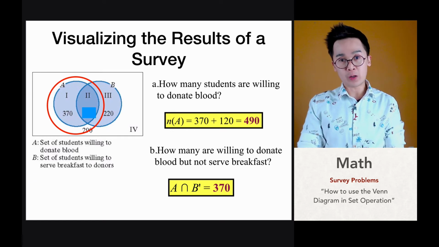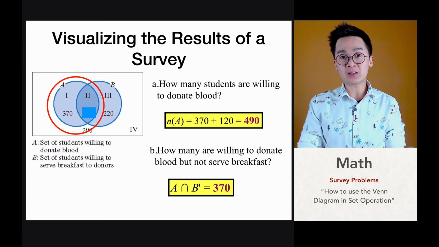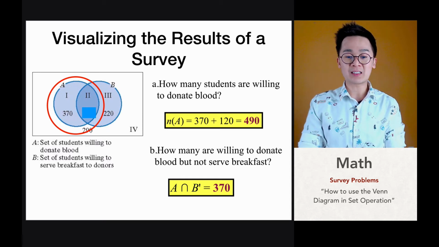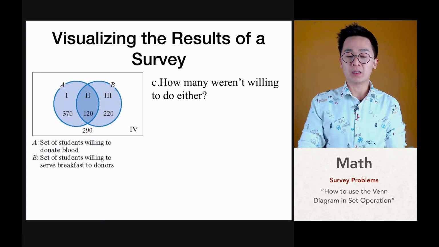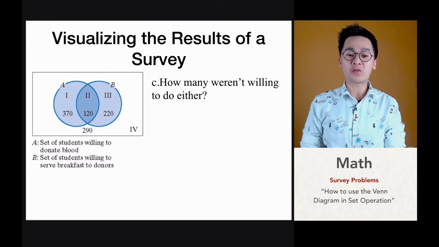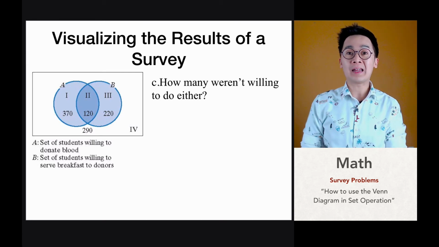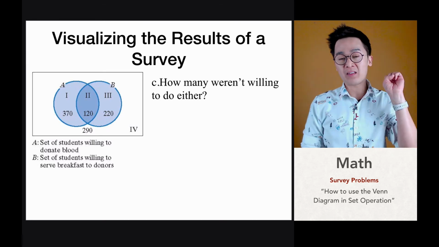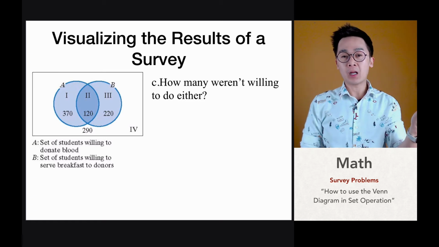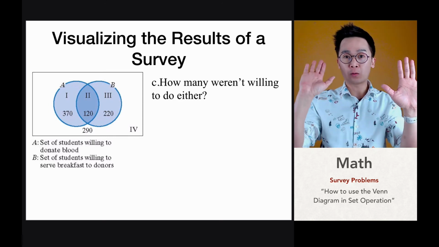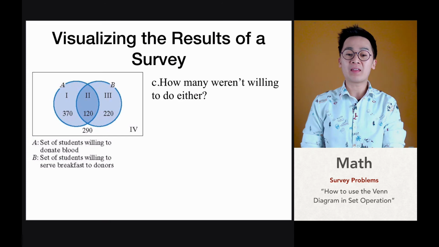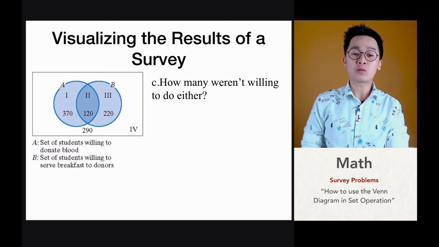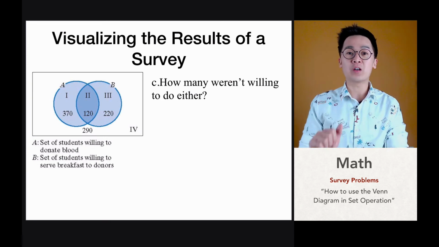So this is how we're going to be answering letter B, by using the notations that we have learned on the intersection of sets, union of sets, and the complement of a set. Now for the third survey problem, let's say we're interested to figure out how many weren't willing to do either task. There are only two tasks: donating blood and serving breakfast. Here you are clearly seeing group A and group B, but right now we're finding the number of students who weren't willing to do any of those two tasks.